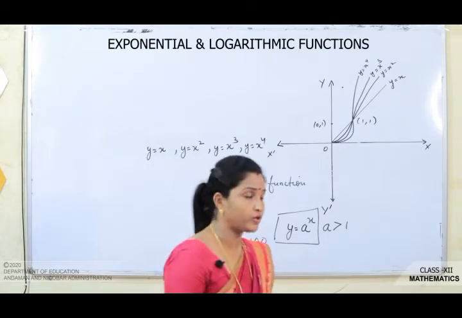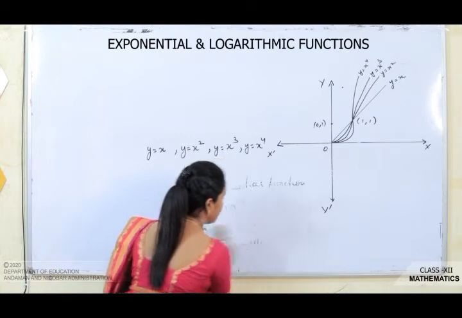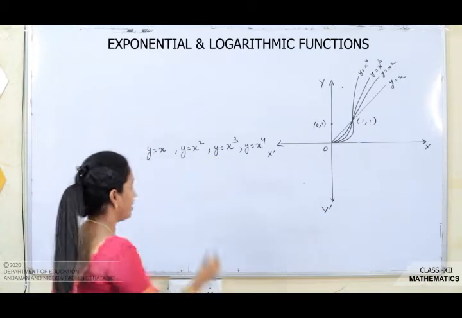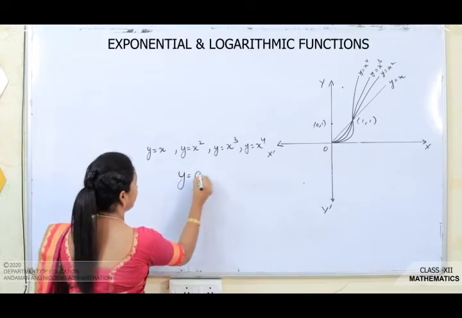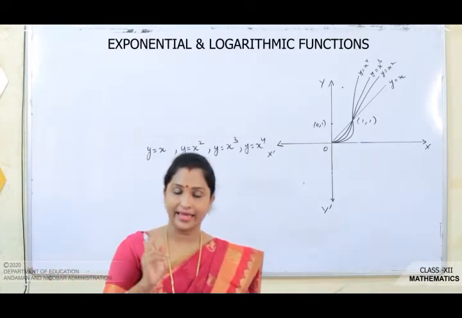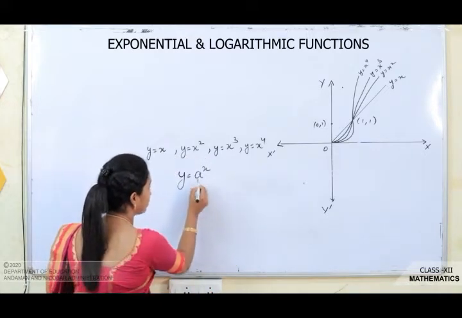Now there is a very important thing that I want to tell you. Just now I told you that y is equal to a to the power x is an exponential function where a is greater than 1. This is called the base.